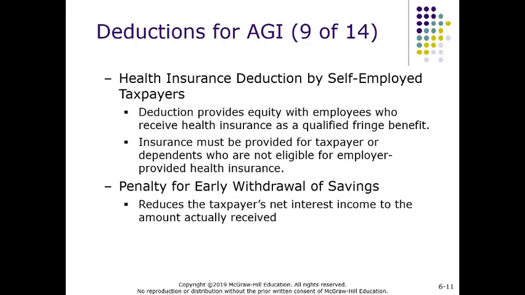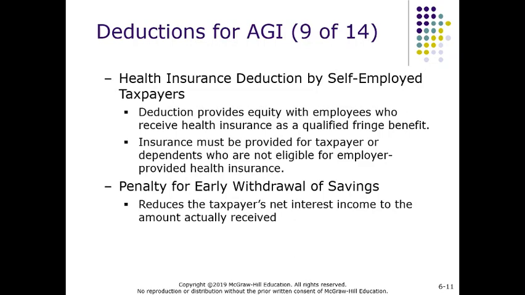Next, we want to talk about deductions for AGI that are, well, I guess it's still related to business activities. Health insurance deduction for self-employed taxpayers.